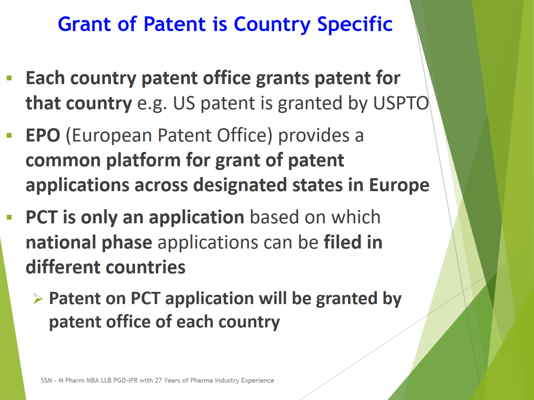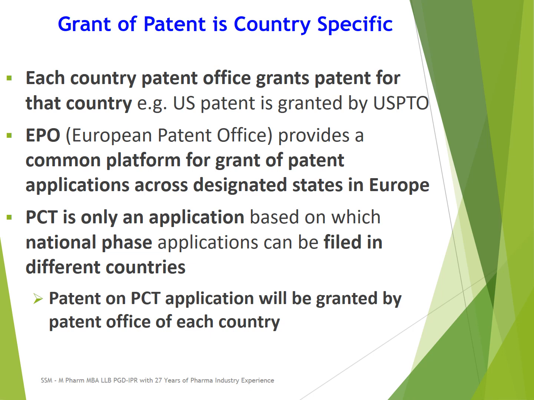Means instead of filing a patent application in each European country, you can file only one application at the EPO, and in that application you can select in which European countries you want the patent. So you have to select those countries. They will be called designated states or designated countries in Europe in that application.